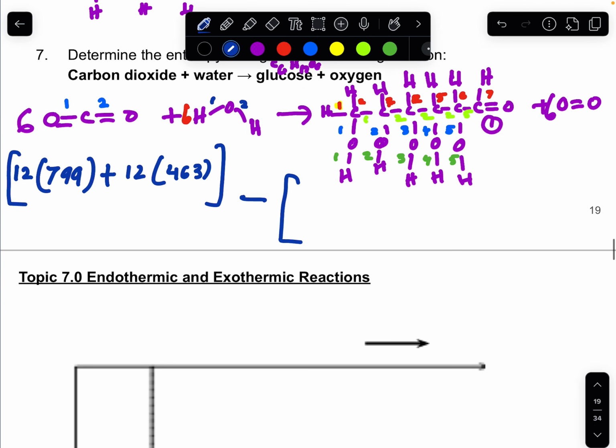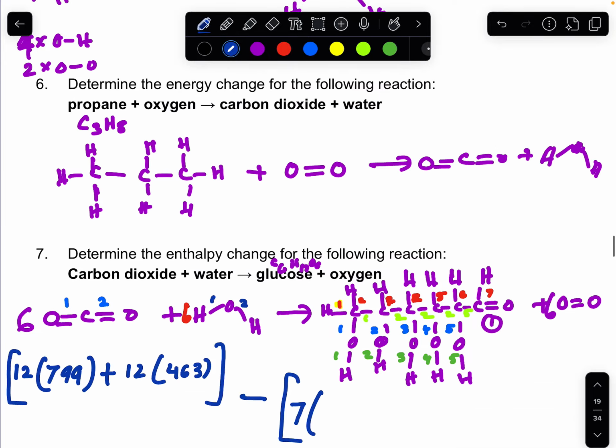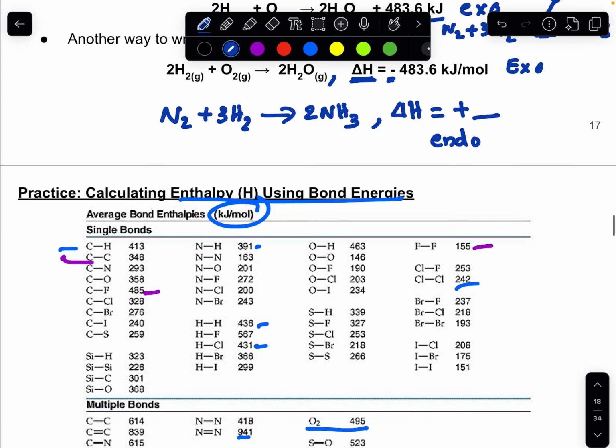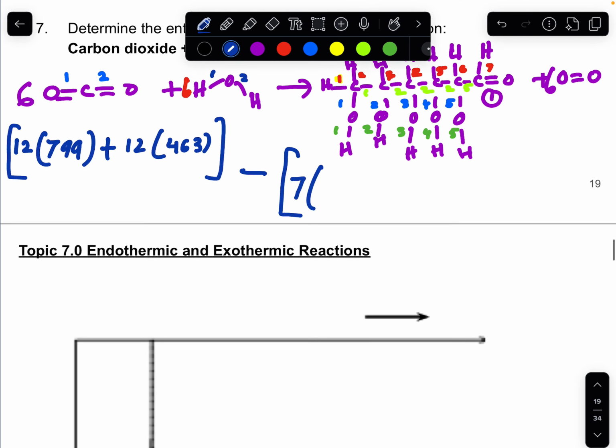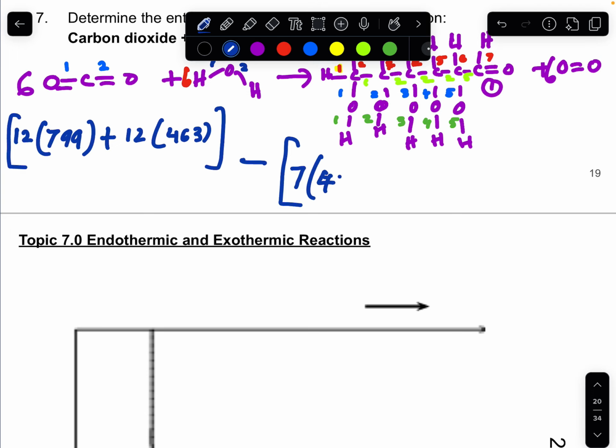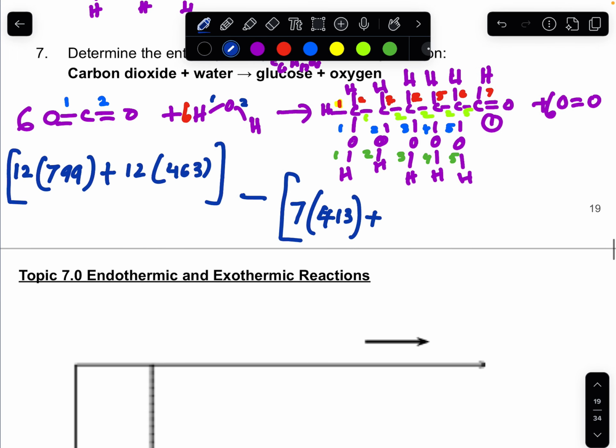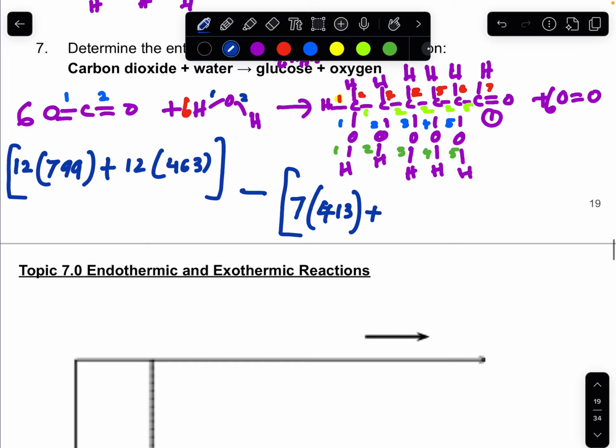There are so many, right? So CH bond 1, 2, 3, 4, 5, 6, 7 CH bonds. So 7 times CH is how much? 413. Okay, 413 kilojoule per mole plus, then we need a CC bond.